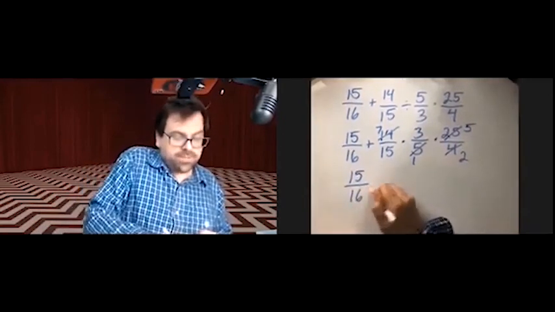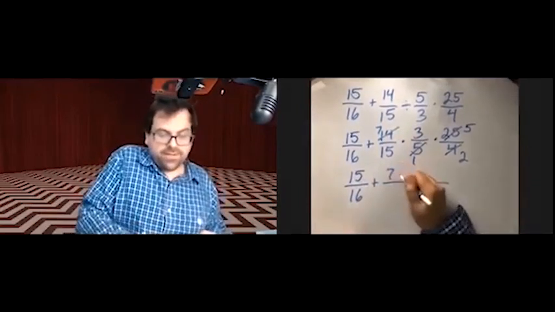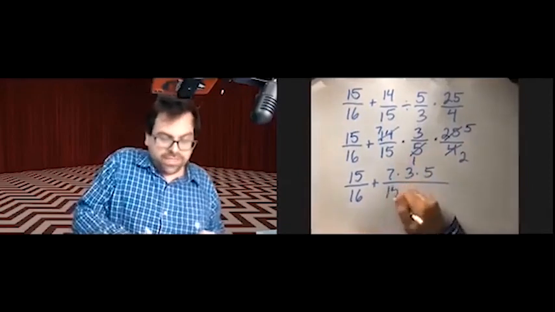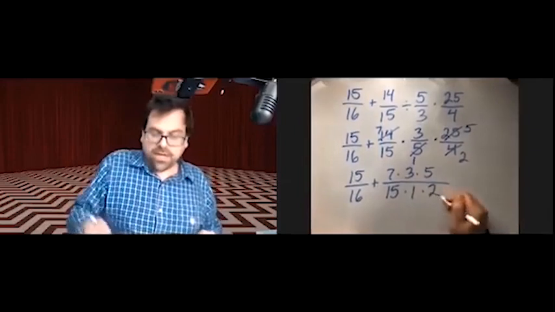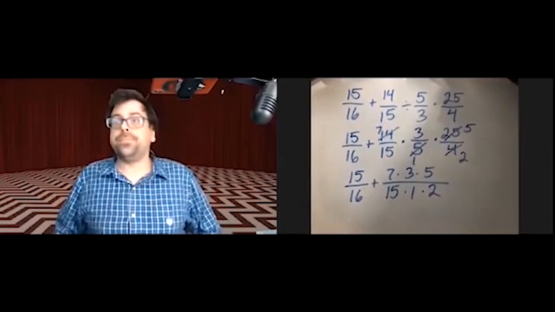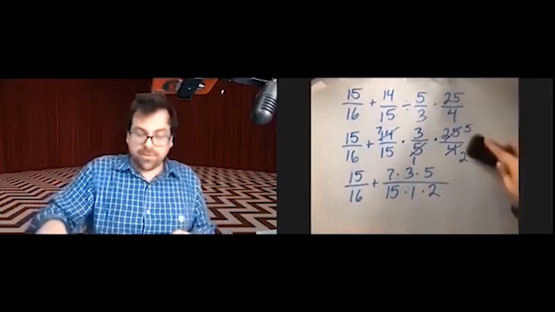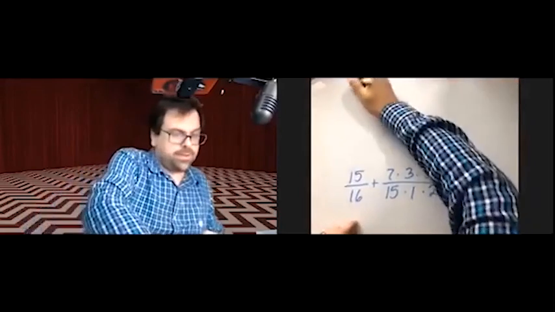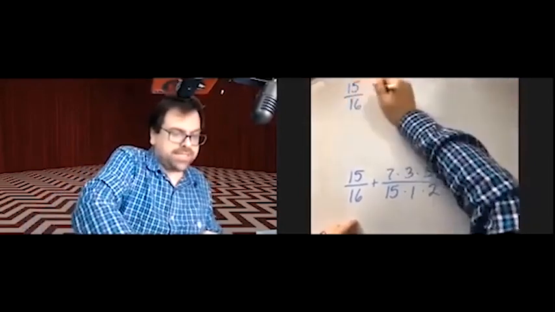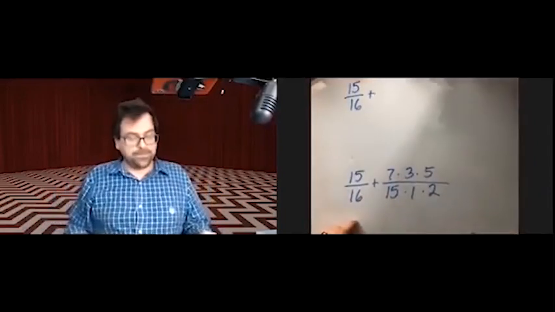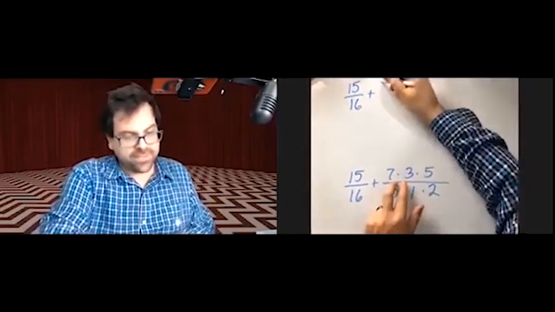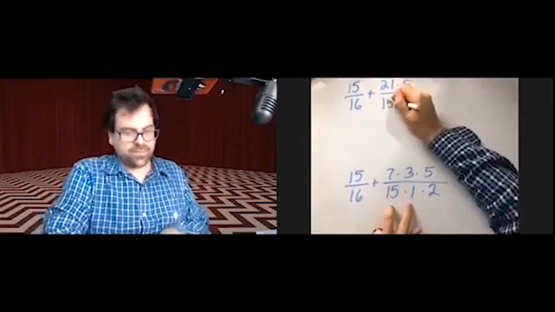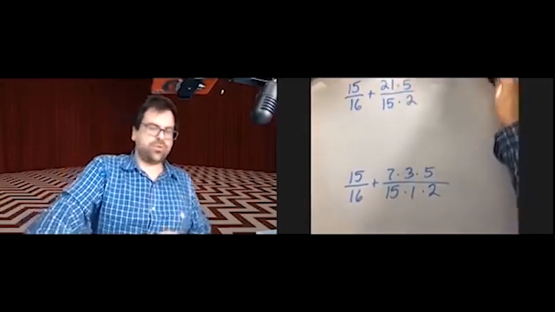So carrying out the multiplication, we'd have 7 times 3 times 5 over 15 times 1 times 2. I'm going to go ahead and write your next step up top. We just keep carrying this 15/16 plus down. And we'd have 7 times 3 is 21 times 5 over 15 times 1 is 15 times 2.